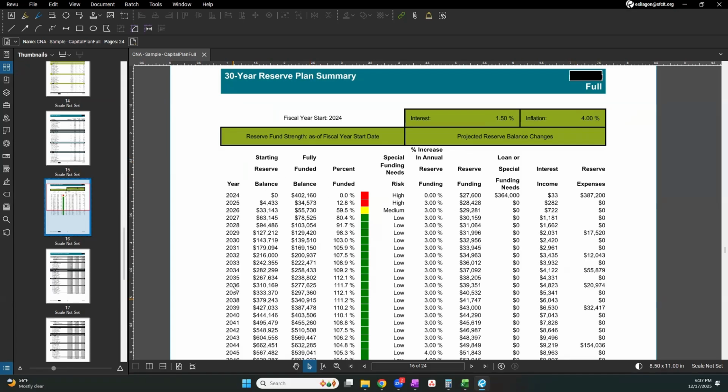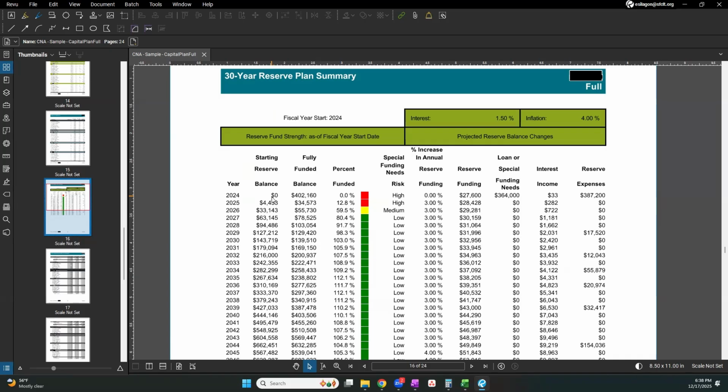So we've got each year listed, and then we have our starting reserve balance. And so this column reflects probably our actual balance in the reserve account. And then we have the fully funded balance, and this is the ideal. So in an ideal world, we were starting out already with $402,000 in our replacement reserves.